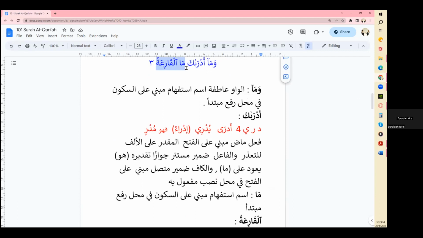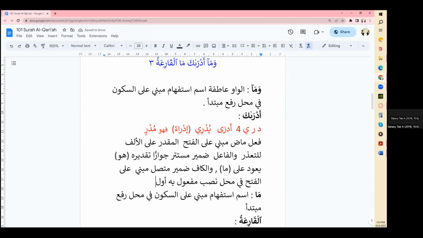So, if we agree on that, and we said that there was one maf'ul already here, right? So we have the first maf'ul. This one we call it awwal. Awwal is number one, right? Now how do we spell this? Hamza, waw, lam. Is it right?